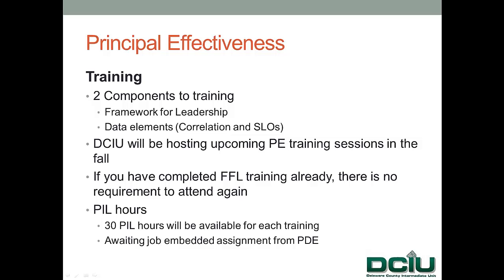Once those are completed, then you will be eligible to receive 30 PIL hours for each of those trainings. That concludes all of our information about principal effectiveness at this time. Once again, as a reminder, DCIU will be offering very specific information about principal effectiveness in separate trainings.